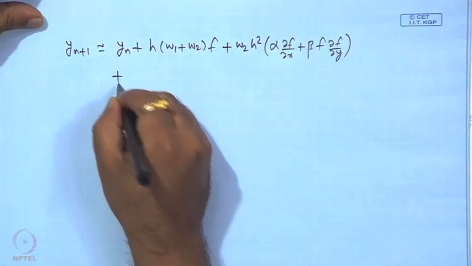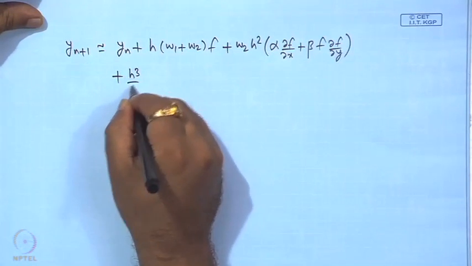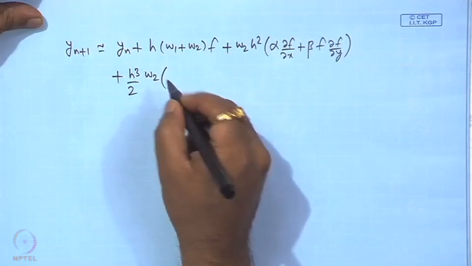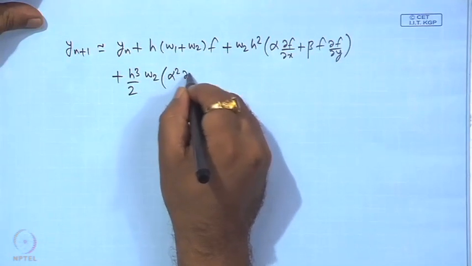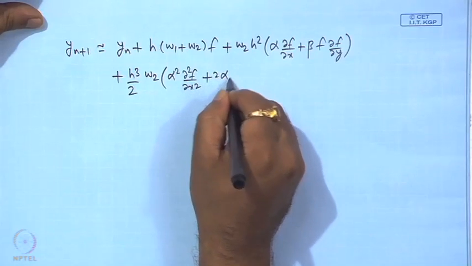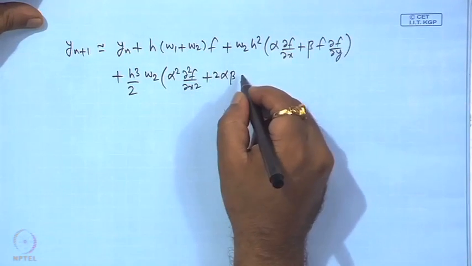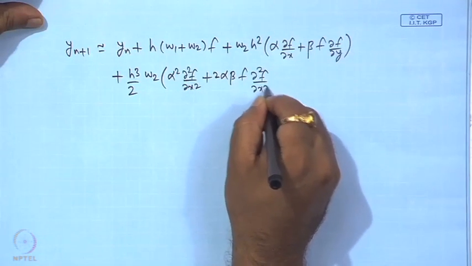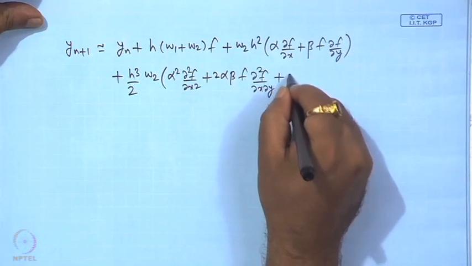So, plus 2 alpha beta, it's a mixed term.